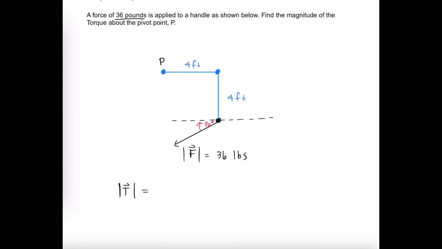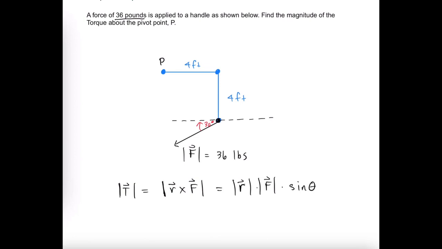As you'll recall, in order to determine the torque, we can use one of two methods. We can either cross product the position vector with the force vector, or we can calculate the magnitude of the position vector multiplied by the magnitude of the force vector, and then multiply both of those by the sine of the angle in between the two vectors.